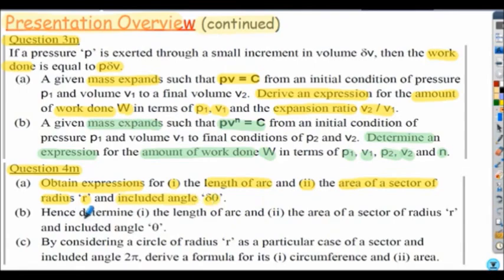Second part, we have to determine firstly the length of an arc and secondly the area of a sector, radius r and included angle theta. And finally, by considering a circle of radius r as a particular case of a sector and thus having an included angle 2 pi, we've got to derive a formula firstly for its circumference and secondly for its area.